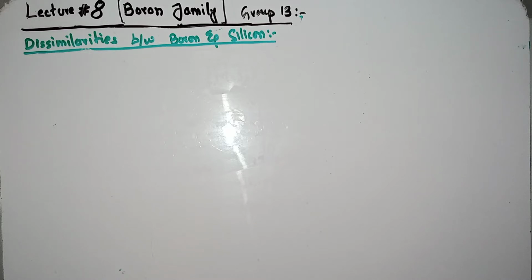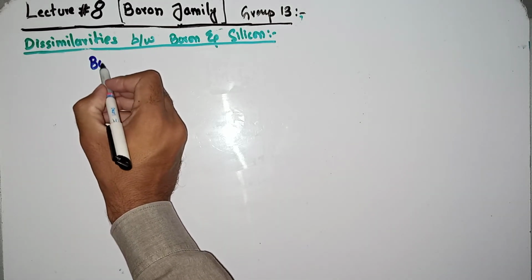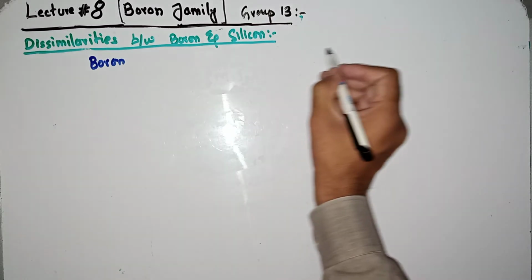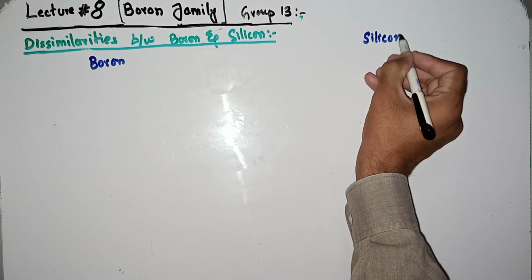In the previous lecture I already explained the similarities between boron and silicon, while today I will write some dissimilarities, some differences between boron and silicon. So let's start the topic. Here this is for boron, while this is for silicon.